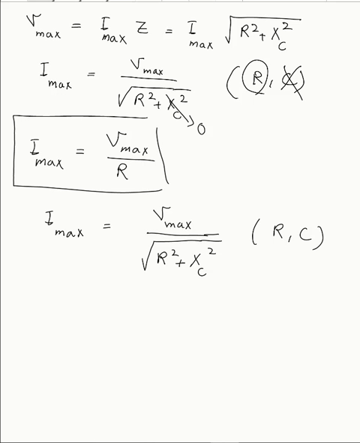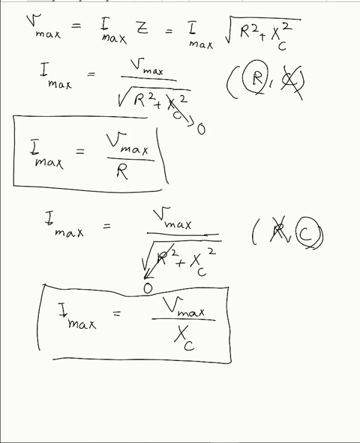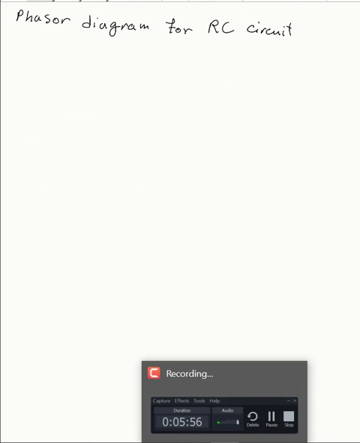So if I do not have R here and I only have the capacitor, then of course R here is going to be 0, and then I max is going to be V max divided by X_C. Okay, so this is exactly the same thing that we were using before. So what I'm trying to tell you here is that you can simply treat Z as the most general resistance form.